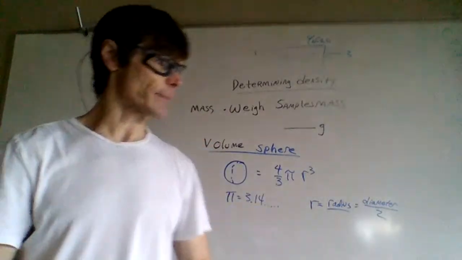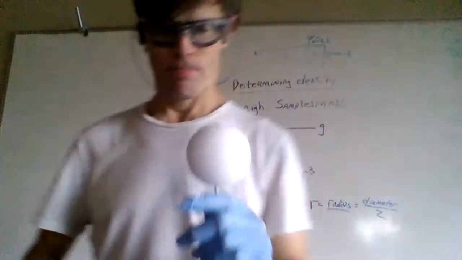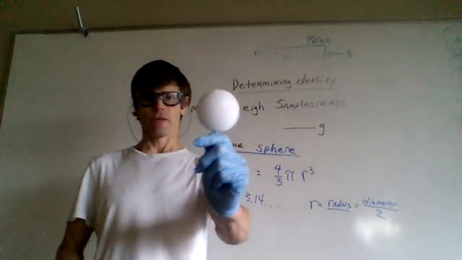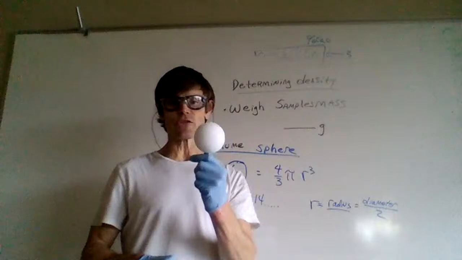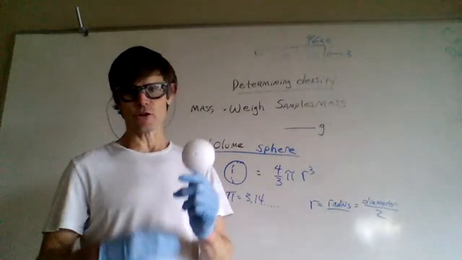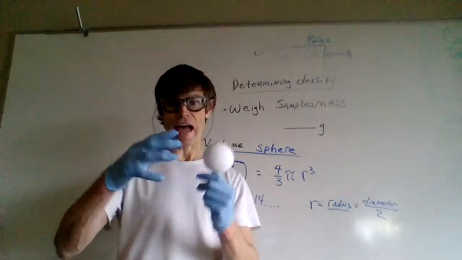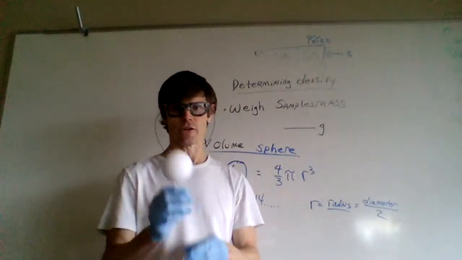Hold on a second, I'm going to get my sample. That's a styrofoam ball. You're going to be seeing me use these. I use these for my geometry discussions, and they're useful for helping us identify atoms and how they're arranged to make up molecules. And I have it on a stick.